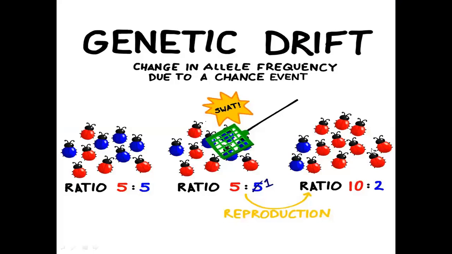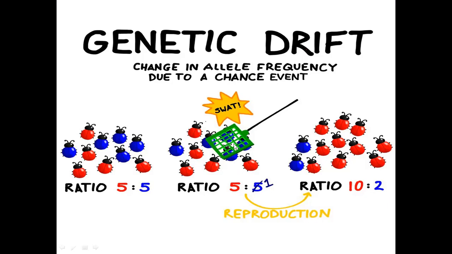See here in this slide, it is clearly shown. Change in allele frequency due to chance event. So these are the chance events. The ratio is 5:5. Then it is changed to 5:1.